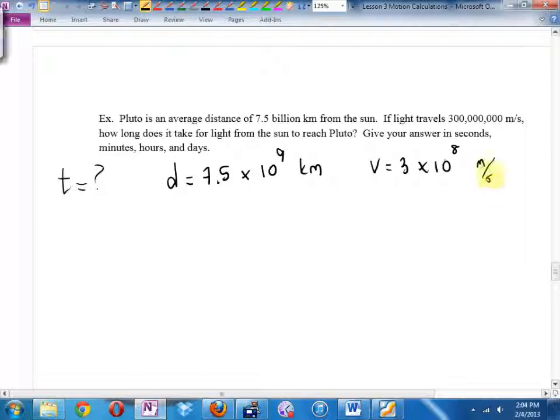How do you go from meters to kilometers? Well, how do you go from kilometers to meters? What was 1 kilometer? 1,000 meters. What was 2 kilometers? 2,000 meters. So how do you go from kilometers to meters? Times by 1,000. So how would you go backwards? Divide by 1,000. So take this number here on your calculator and divide it by 1,000. You need to figure out how your calculator works.